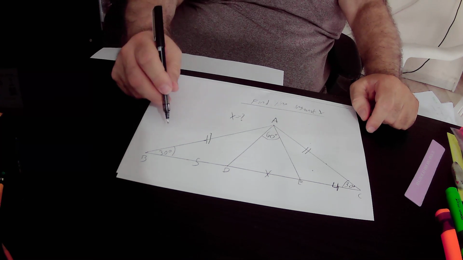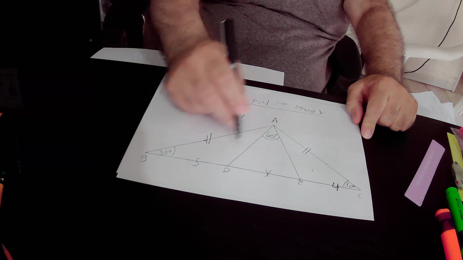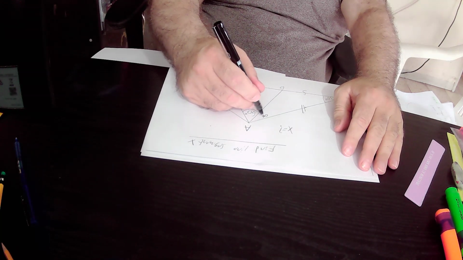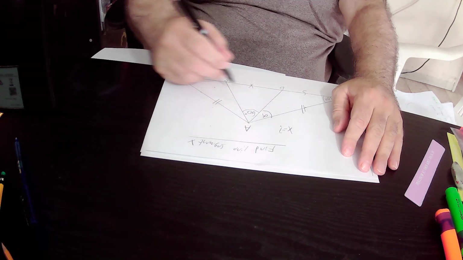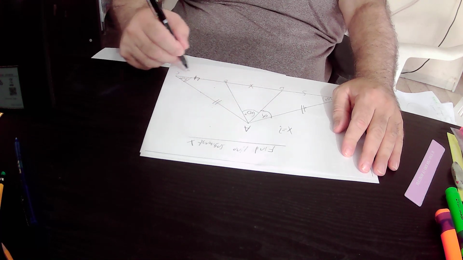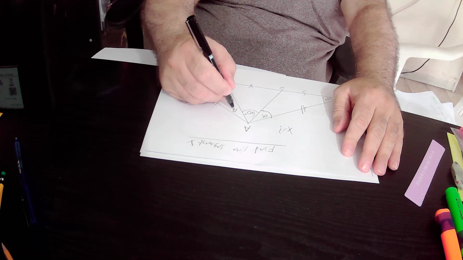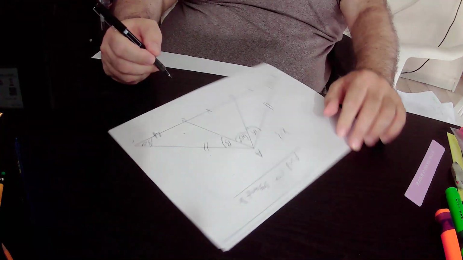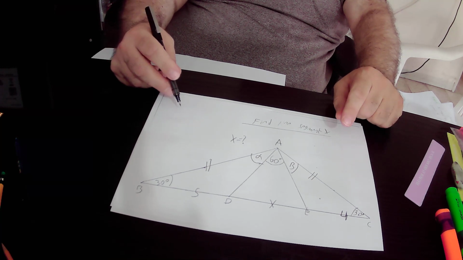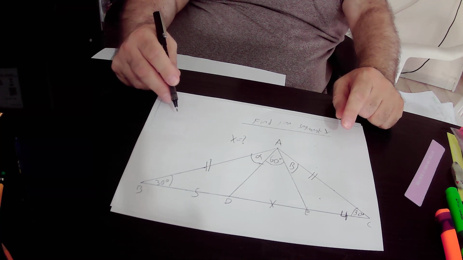We define angle BAD as alpha, and we define angle EAC as beta. And we know that the sum of the angles in any triangle, and especially in triangle ABC, is equal to 180 degrees.